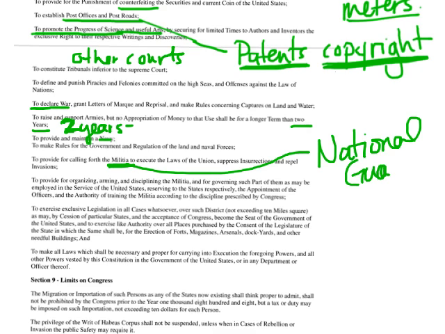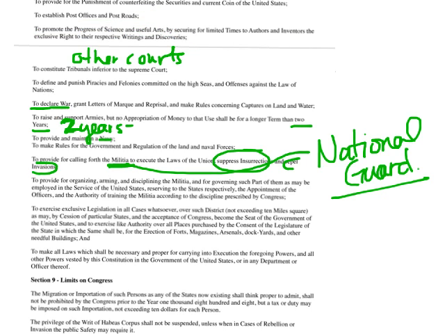So their job is to help control and take care of the National Guard. And those are used to suppress insurrections if there's riots or to repel invasions. So they can fight foreign countries too. But there is a National Guard available of people who aren't part of the military all the time. But they can be part of the military when needed.